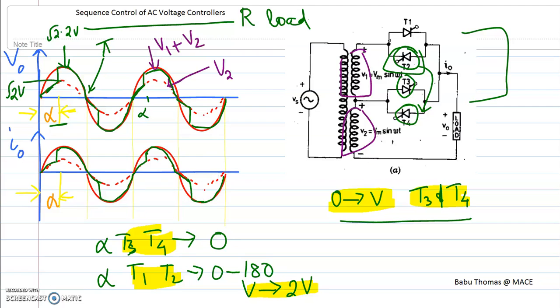So this magnitude will be 2 into root 2 V divided by R.